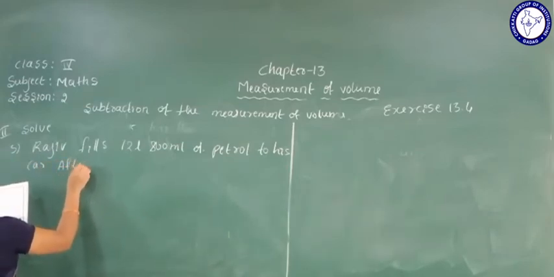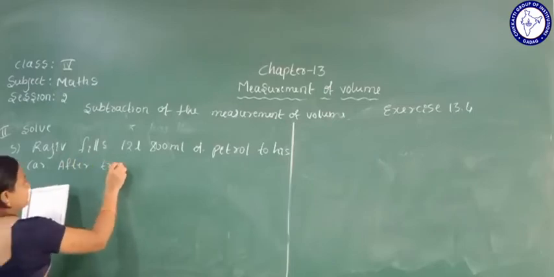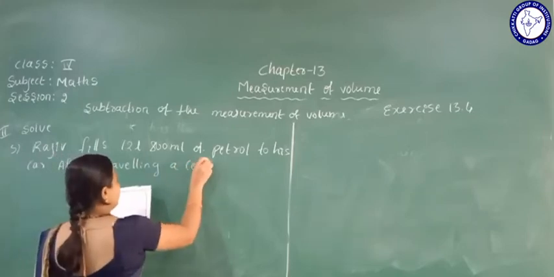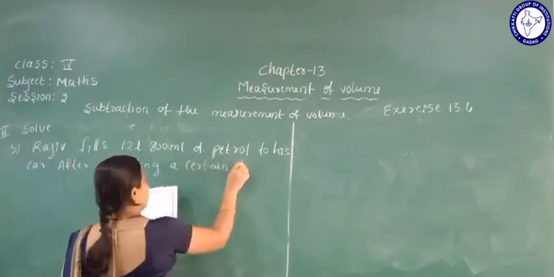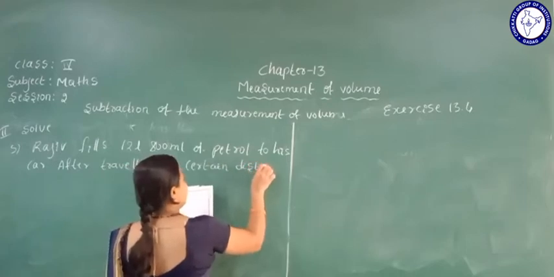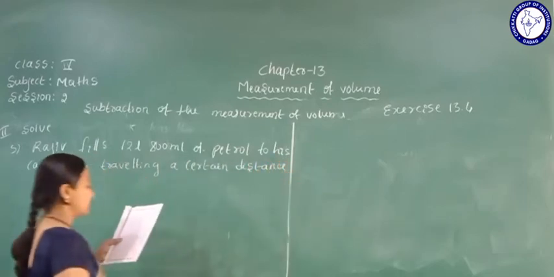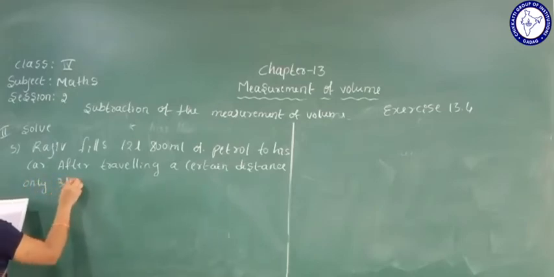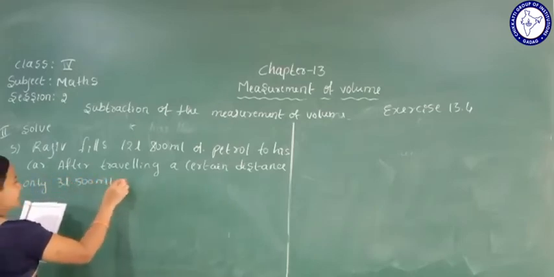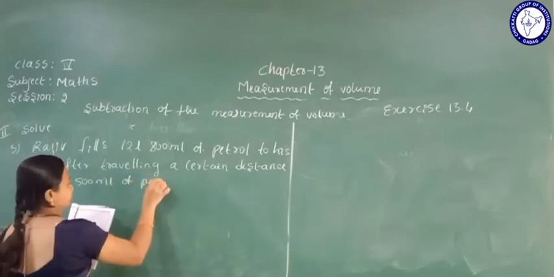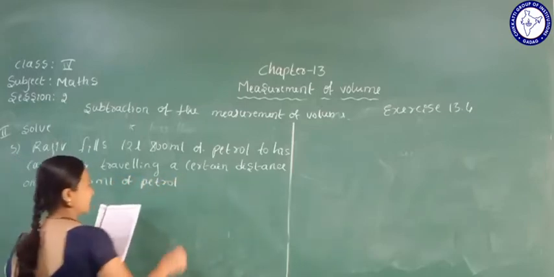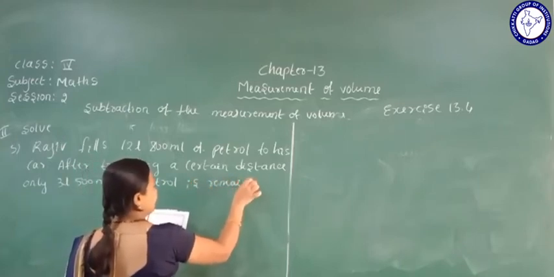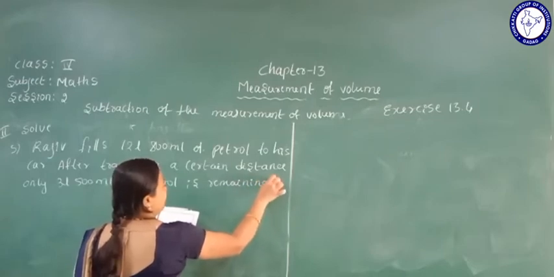After traveling a certain distance, only 3 liter 400 ml of petrol is remaining in the tank.